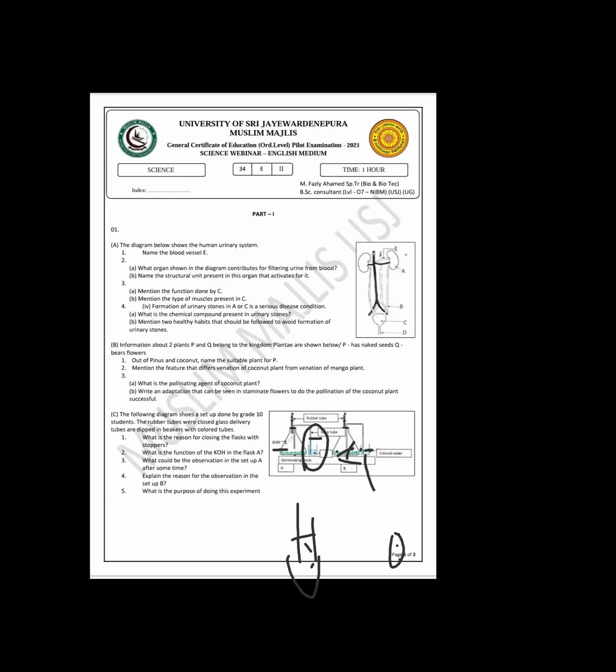CO2 present in the flask and the CO2 released during respiration of seeds dissolves in the tube with KOH. The O2 in the flask is absorbed by the seeds for respiration. Now you can derive your ideas.